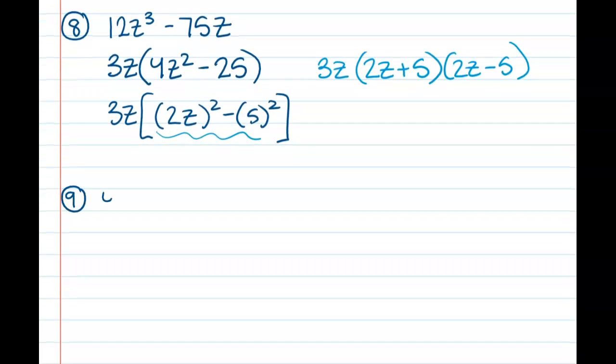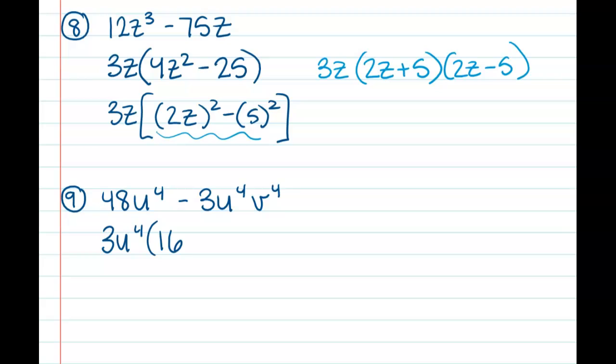Now let's do 48u to the 4th minus 3u to the 4th v to the 4th. Let's look for a GCF. I see some u to the 4ths, right? And I see a 3 I can take out. So let's write this as 3u to the 4th times 16 minus v to the 4th.